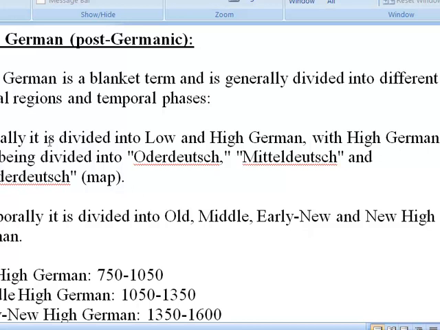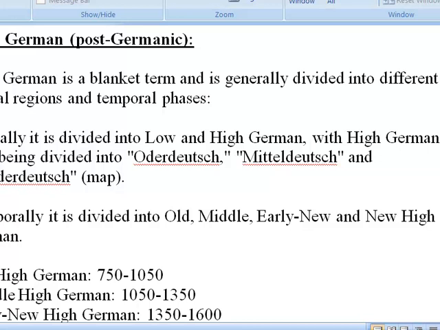Spatially, we have Low German and High German, with High German being divided into three different versions. So Oberdeutsch is High German or Over German, Mitteldeutsch is Middle German, and Niederdeutsch is Low German.